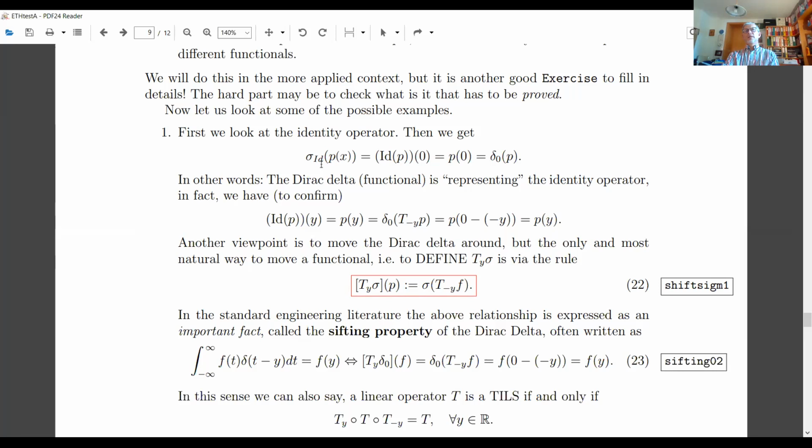Now, clearly, identity operator applied to a polynomial is the polynomial, so I have to take the value of the polynomial at 0. And we have used the name for this functional. This is the Dirac impulse, the Dirac distribution, or the Dirac functional in our case.